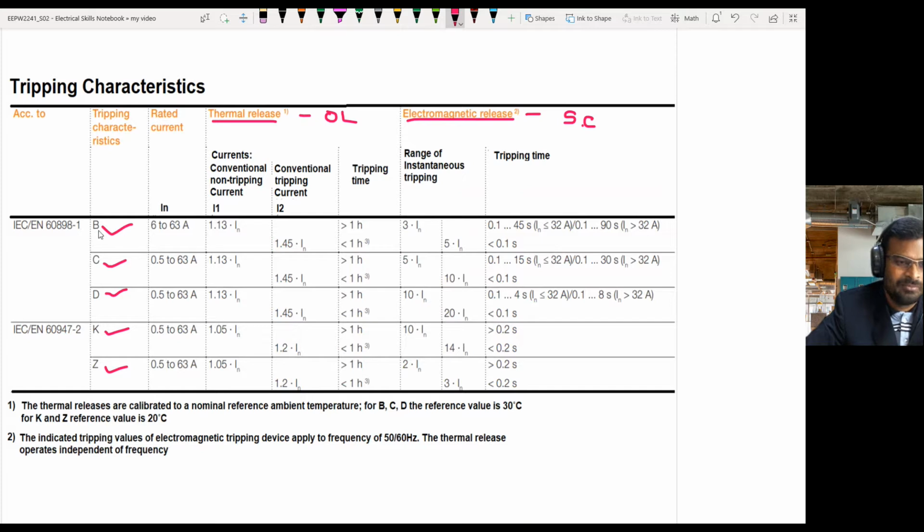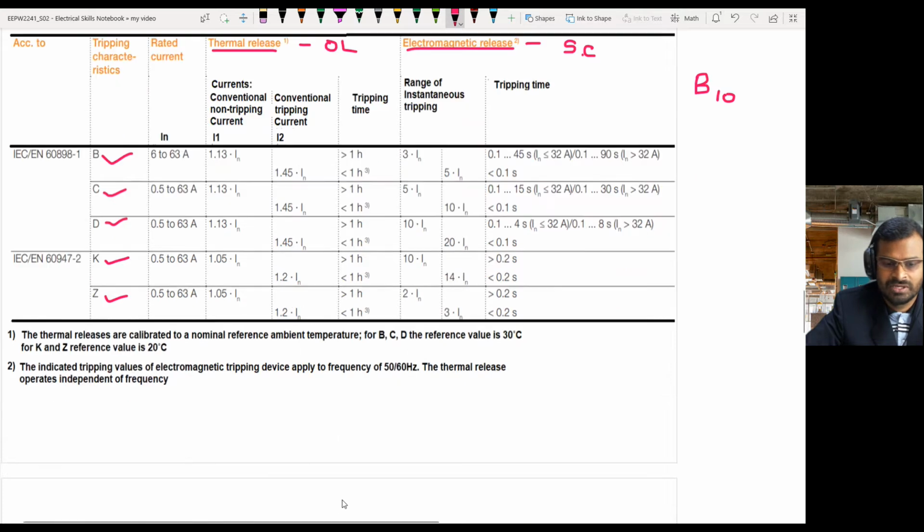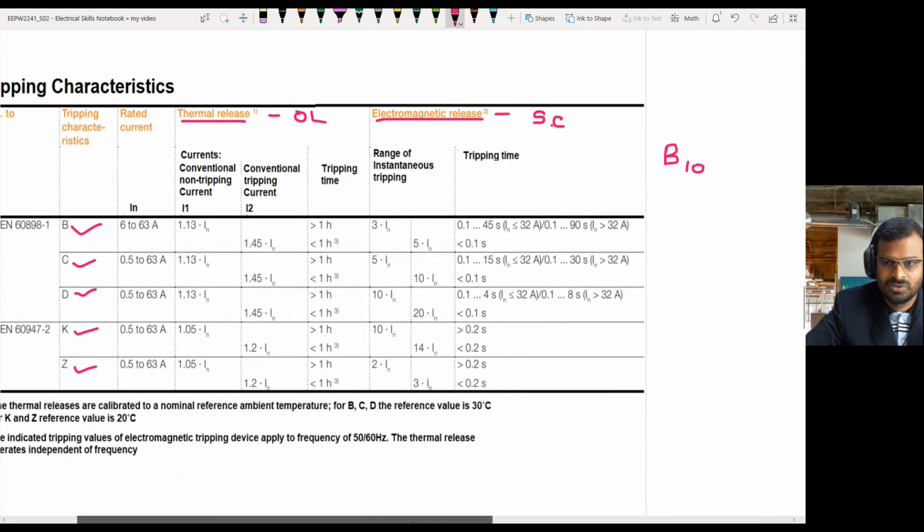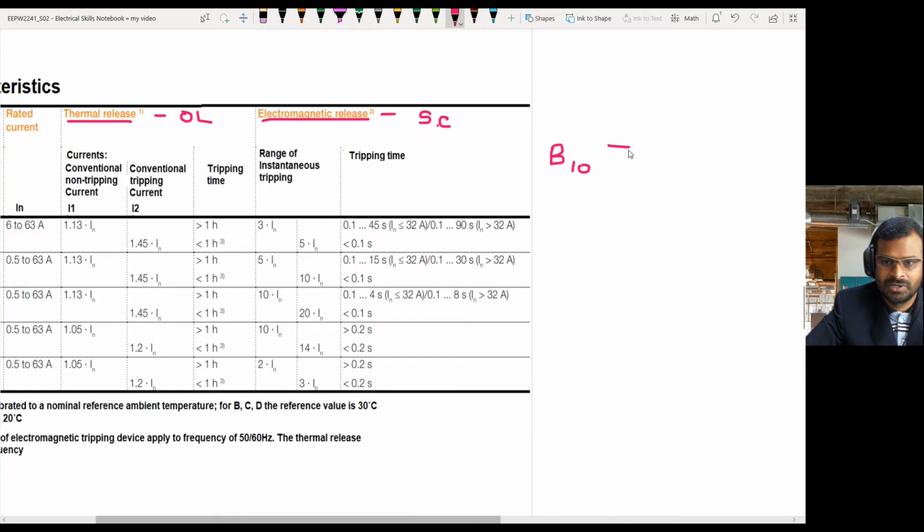For example, we have a B type. For B type, the current ratings are given from 6 to 63 amperes. Let me take a B10 type of MCB. The trip range for this particular type of MCB is given from 3 IN to 5 IN. This is called the trip range.